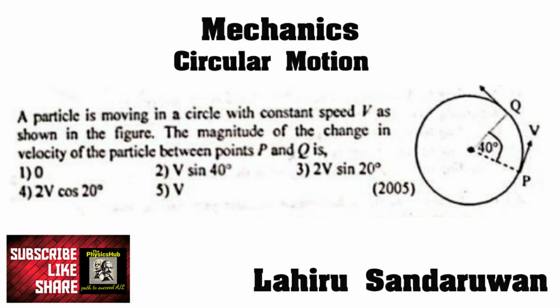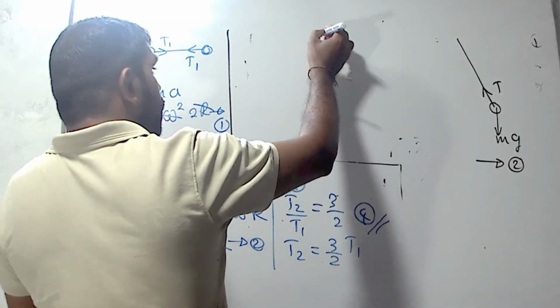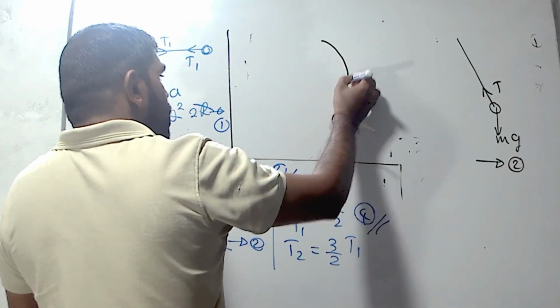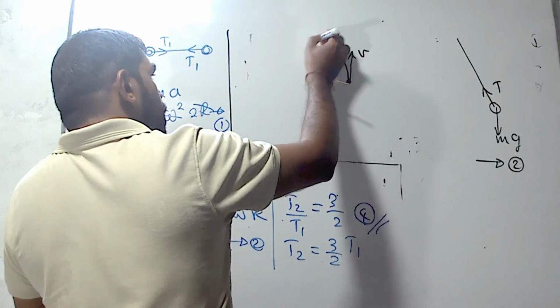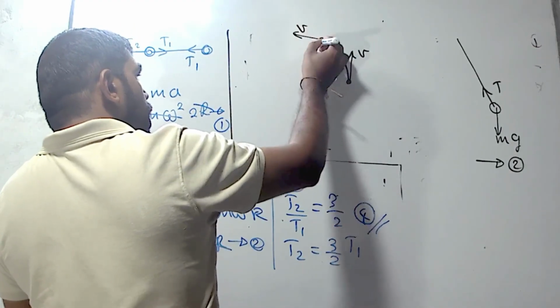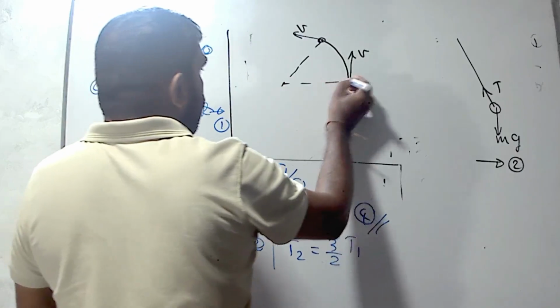A particle is moving in a circle with constant speed v, as shown in the figure. The magnitude of the change in velocity of the particle between points P and Q is? They have given 2 points like this. This angle is 40 degrees.